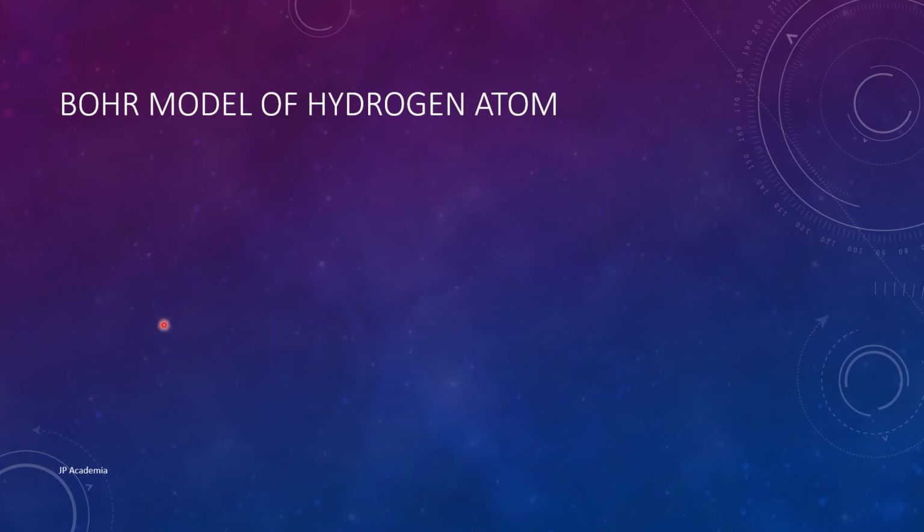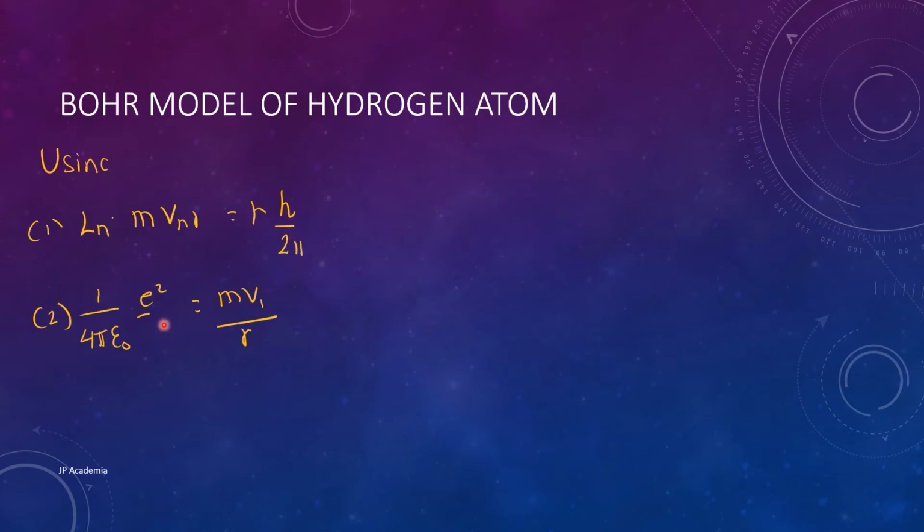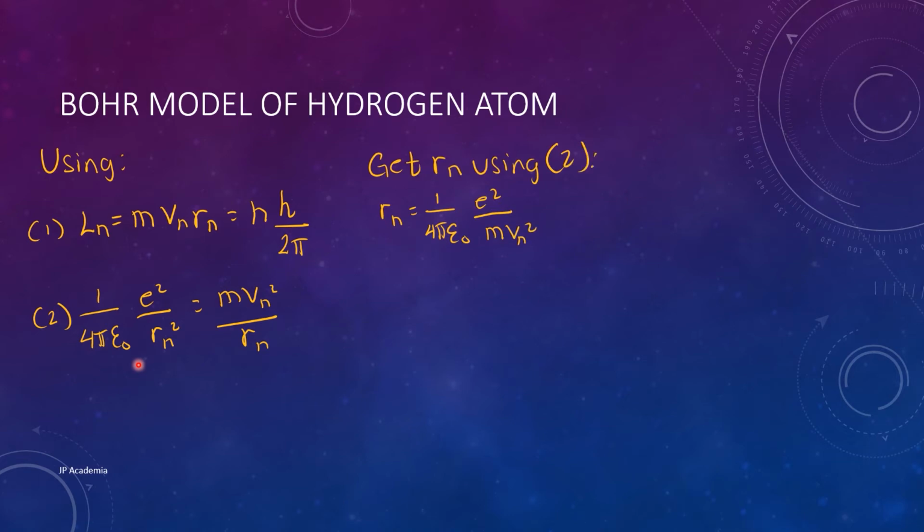Okay, so using our quantized angular momentum, so this is our angular momentum, and the equation for the inward force of the electron, we can derive the orbit radii Rn and orbital speed Vn in the Bohr atomic model as follows. So we can get this Rn, or the orbit radii, using equation number 2, this equation, and by getting Rn, we have this expression.